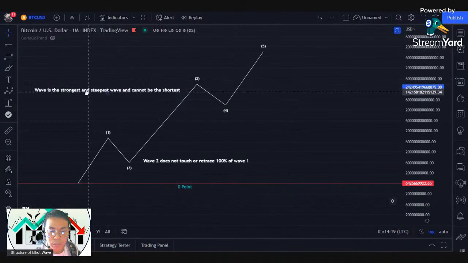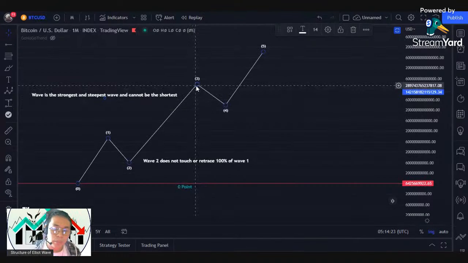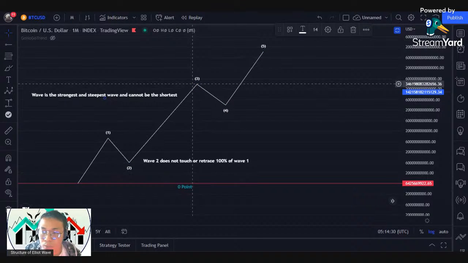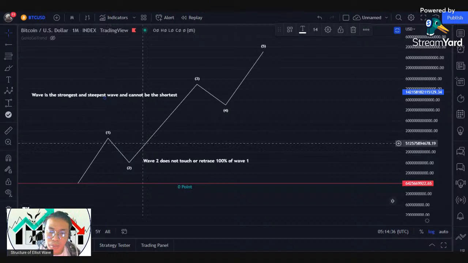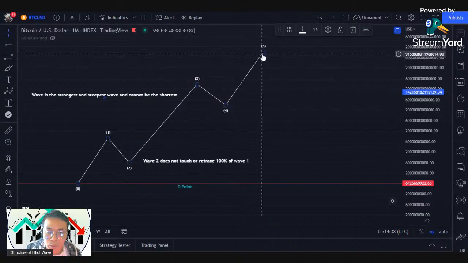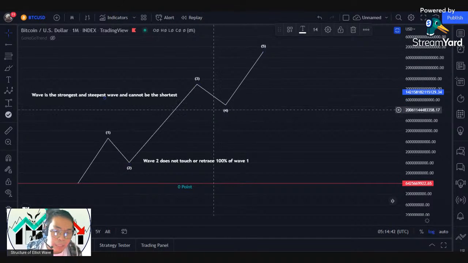This is what we call wave 3. Wave 3 is the strongest and steepest wave and cannot be the shortest wave. Yes, wave 1 can be the longest wave, but wave 4 to wave 5 must be shorter than wave 3.